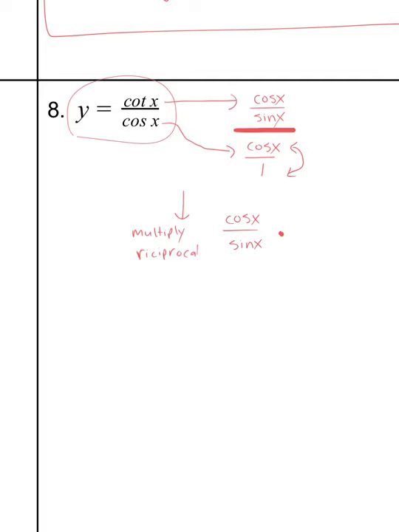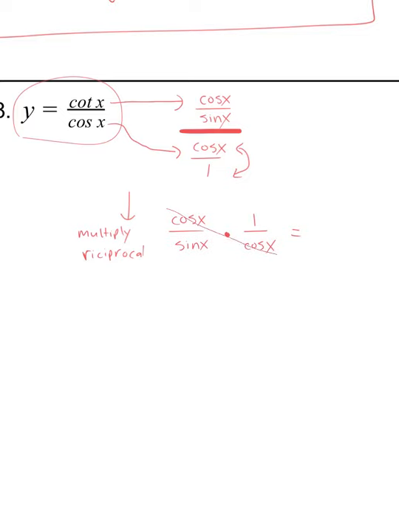So instead of cosine of x over 1, it is 1 over the cosine of x. Now when we simplify those fractions, those cosines are going to cancel out. So that gives me 1 over the sine of x. Now let's keep simplifying because we know the reciprocal of the sine is the cosecant of x. So that simplifies to the cosecant of x.